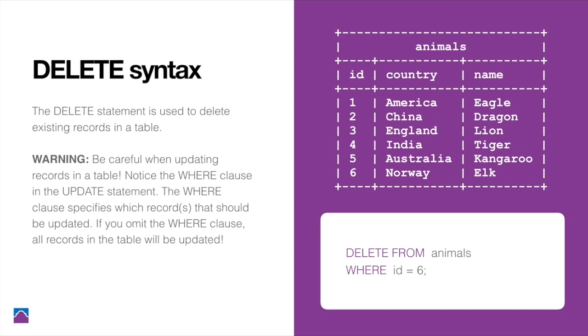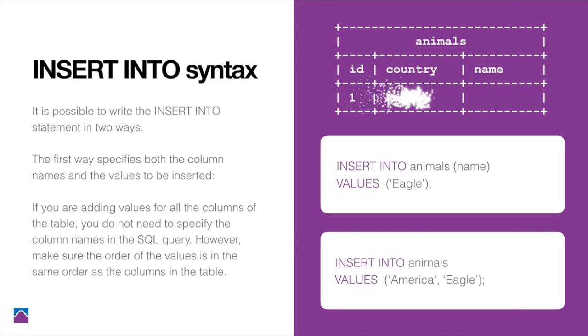What I typically do when running these things, delete is super dangerous for me. I don't like delete at all. It's super scary till today, and I've done it thousands of times. But I actually run a select.